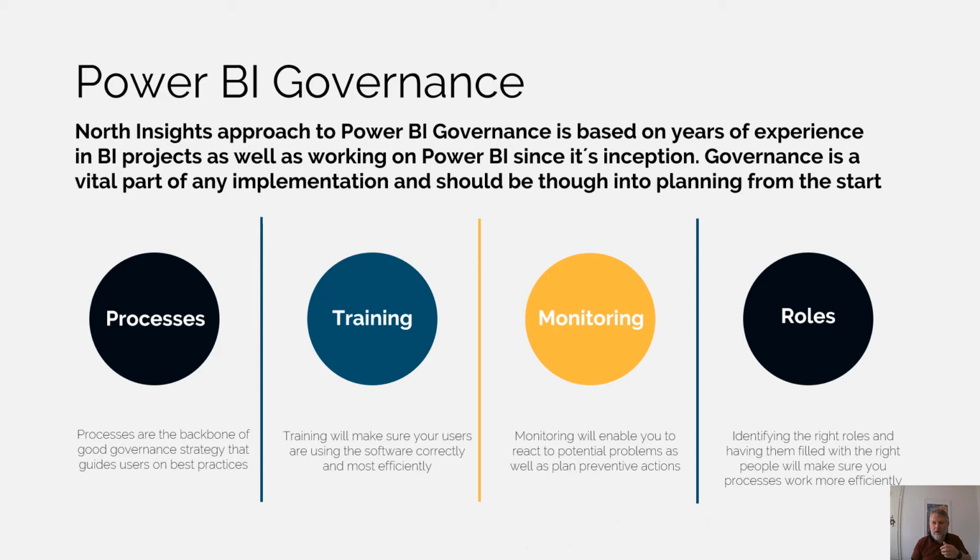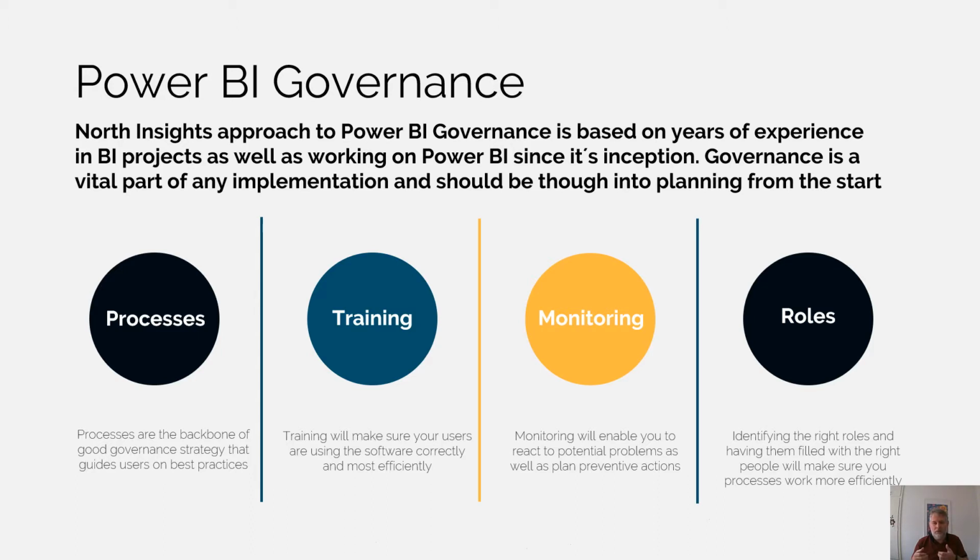The fourth pillar is roles. Now, in Power BI, you don't normally have many different roles. And when I say roles here, I'm not talking about full-time employees or anything like that. I'm just saying it's hats. You want to put hats on people, because having clear roles will help you in 2 ways. First of all, it will help other users figure out who is responsible for something specific.